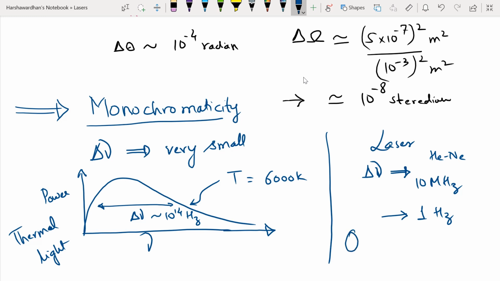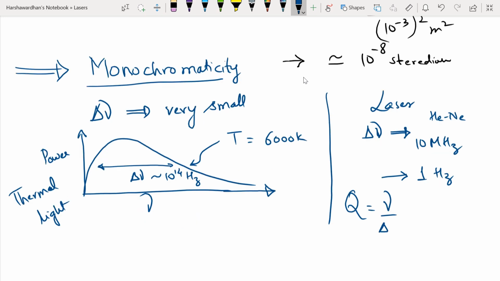One associates a quality factor, which is a measure of this sharpness or spectral purity. This is captured by the ratio nu by delta nu. For optical wavelengths, I have nu of about 10 to the power of 14 hertz, and delta nu of even hundreds of hertz. This will give me about 10 to the power of 12. Such large numbers for the quality factor are unheard of in mechanical or any other resonance systems, but in optical cavities and coming out of a laser, one can really have extremely large quality factors.